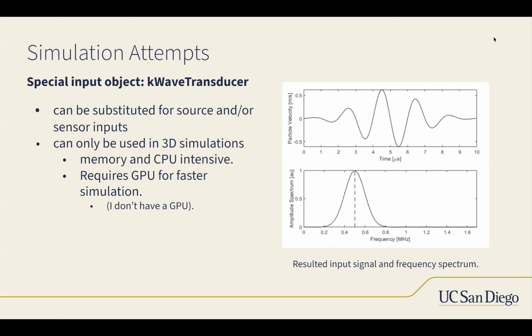Which means that it's very memory and CPU intensive and requires a GPU, which I don't have, for faster simulation. And on the right, it shows a graph of the input signal and the frequency spectrum I can generate with this object, the k-Wave transducer.